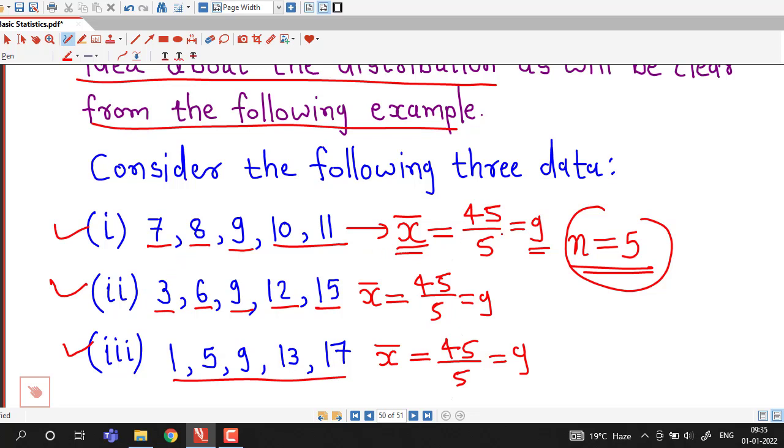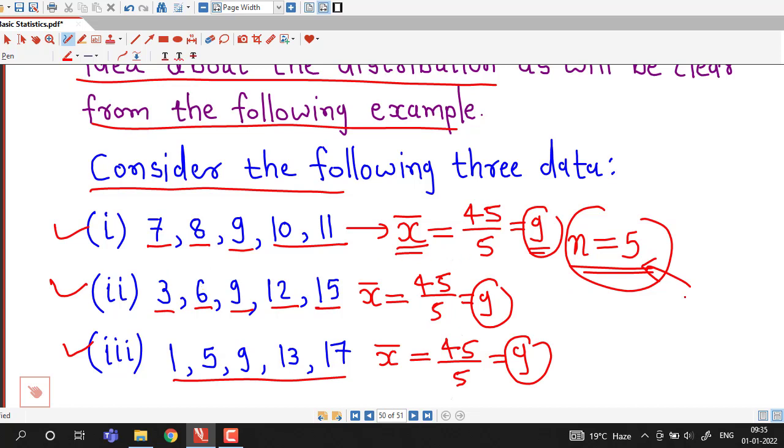So from this we can have the idea that suppose we are asked to find a data whose mean is 9 and total number of observations is 5, then we might get confused, because here we have an example of 3 distributions having the same mean value. Their mean is 9, equal number of observations.